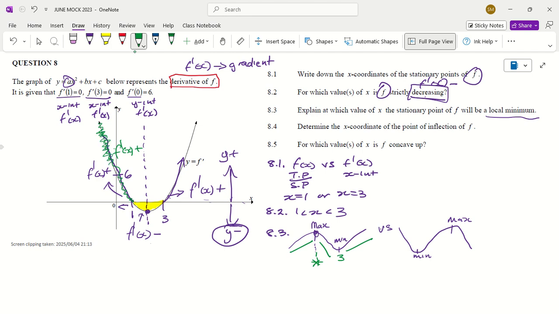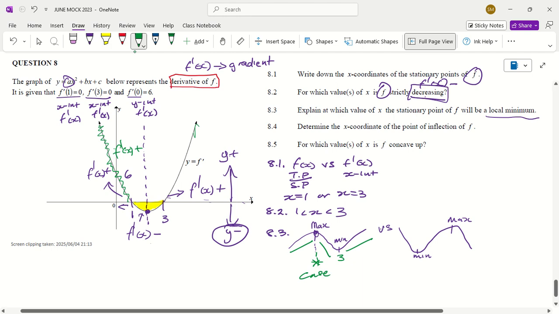The positive function gives us the first increase. Then the negative function, the yellow area, gives us a decrease, and then the positive function again gives us an increase. So we have case number 1. Case number 2 doesn't apply because the gradient doesn't start at negative.